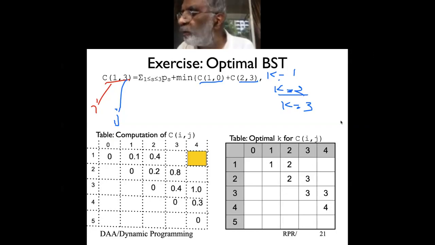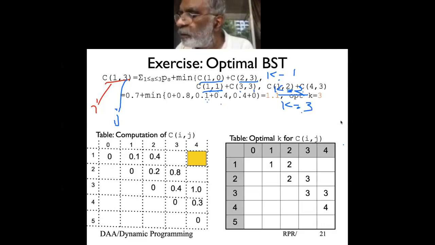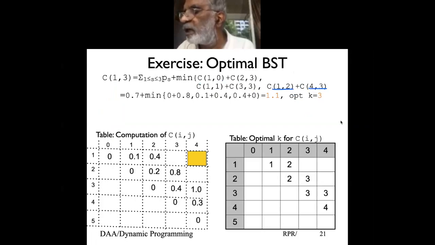When k is 2, you will basically get C(i, k-1), which is C11, C(k+1, j), k is 2, so k plus 1 is 3, C33. When k is 3, this will become C(i, k-1) which is C12. You will get C12 here and C(k+1, j) which is C43.